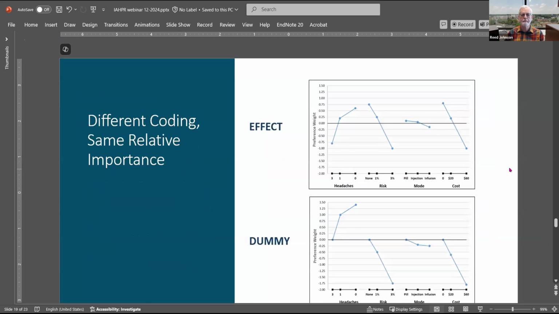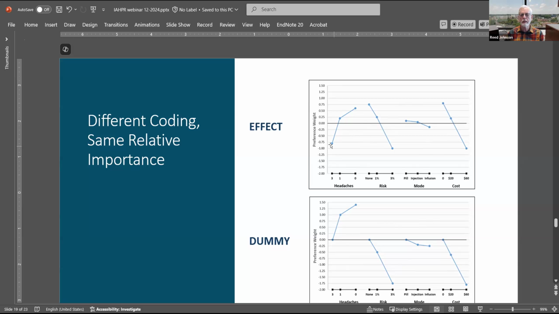All right. Here's a comparison of effect coding versus dummy coding. These are the effect coded estimates that I just showed you, and you see that they're centered on 0. But look what happens here. If I take this value for 3 headaches and move it up to 0, then we get exactly the same shape. We're recovering exactly the same statistical information.